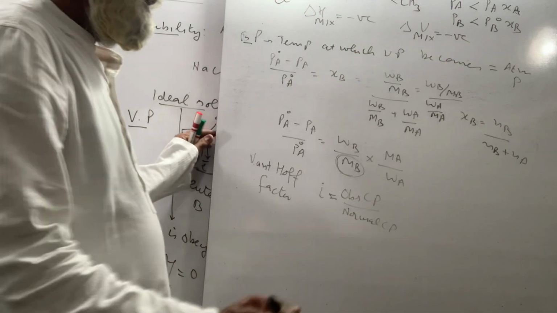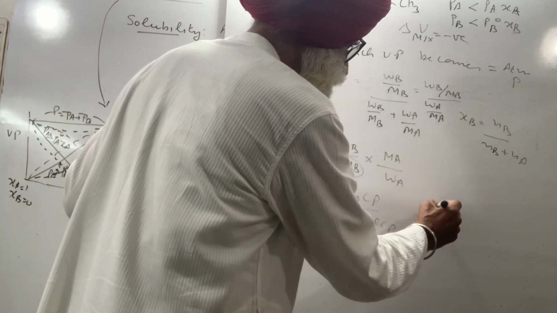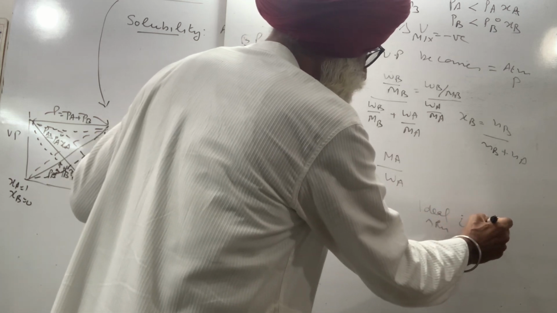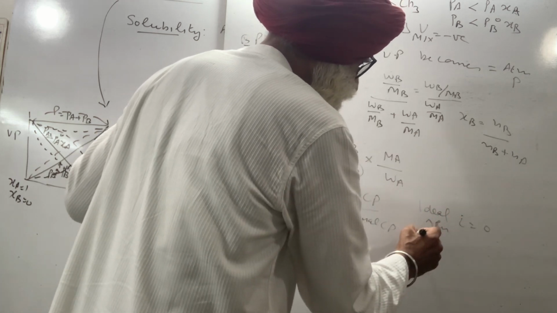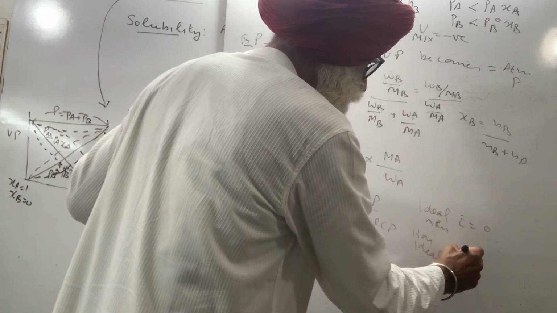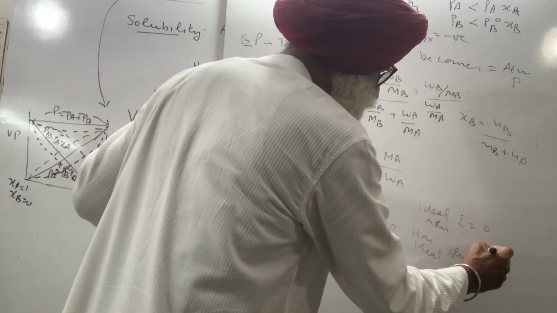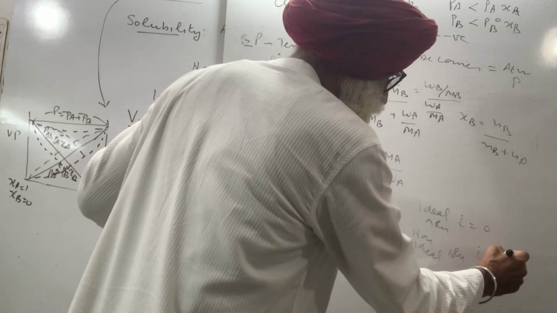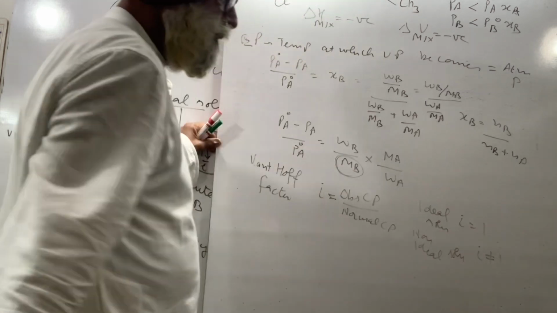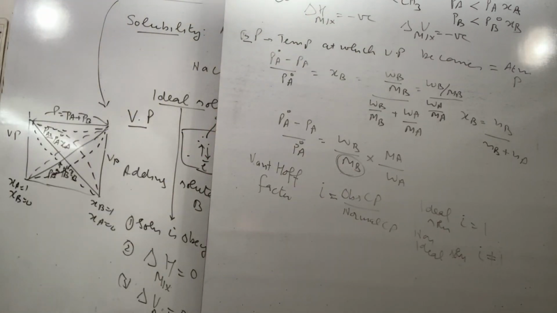So for ideal solution, I is equal to 1. In ideal solution, the van't Hoff factor is equal to 1. In non-ideal solution, it is not equal to 1.